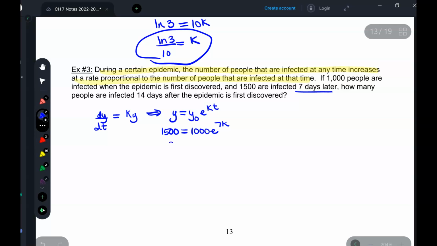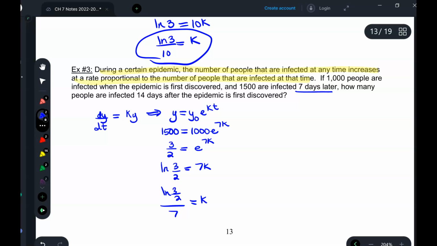So we'll divide, this is going to be 3 halves equals e to the 7k. Take the natural log of both sides. So we get natural log of 3 halves over 7 is our value of k.